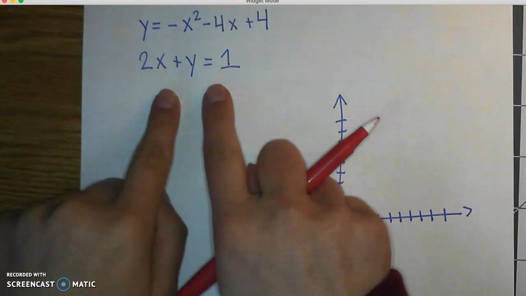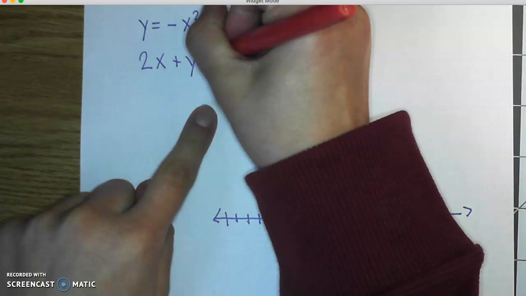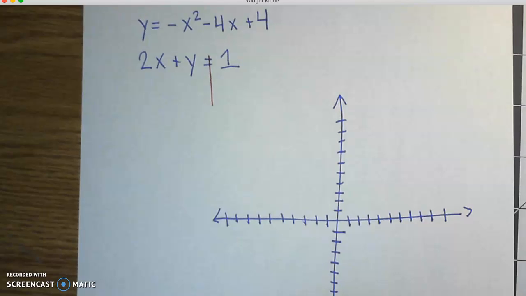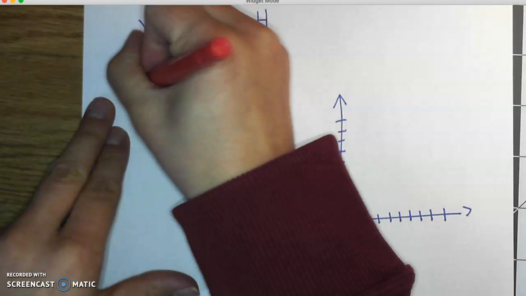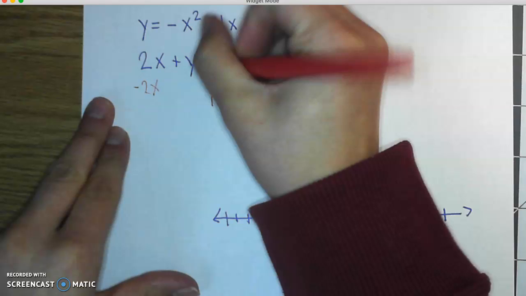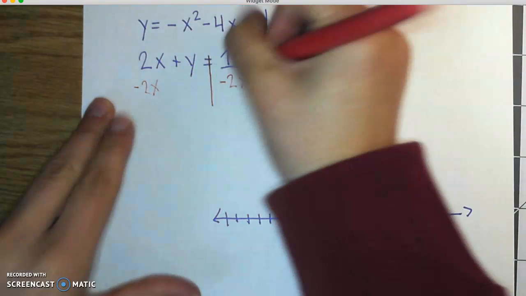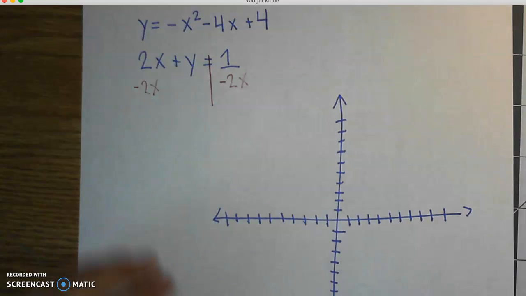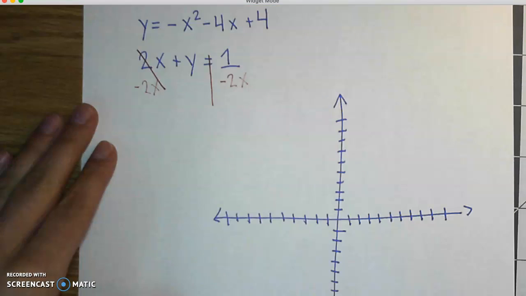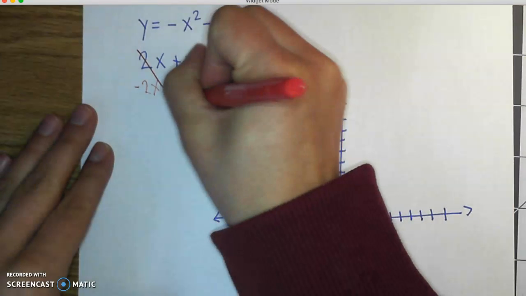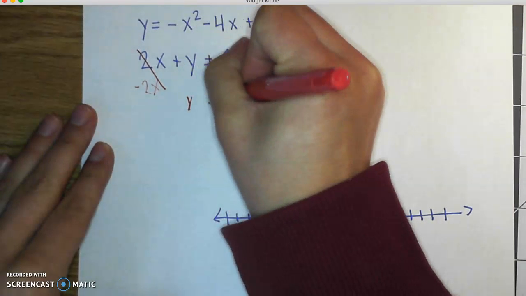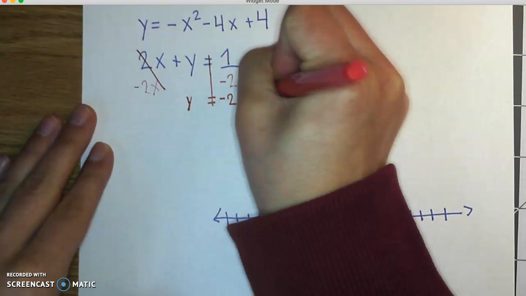Is this y equals mx plus b? Nope. So I've got to make it that. So first I'm going to do minus 2x on both sides. So now I have y equals -2x plus 1.